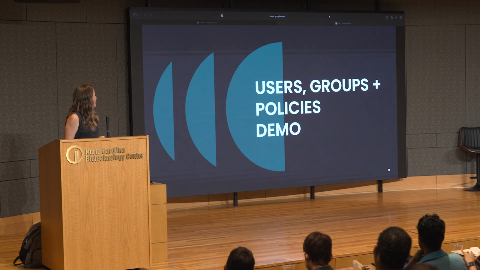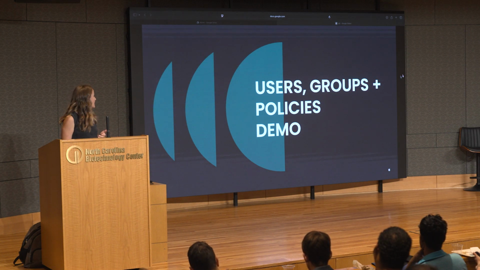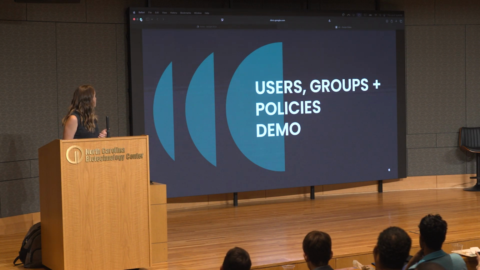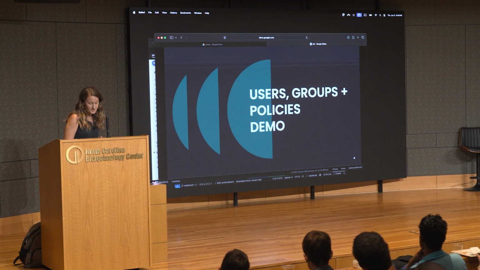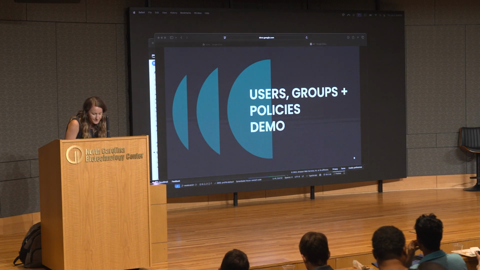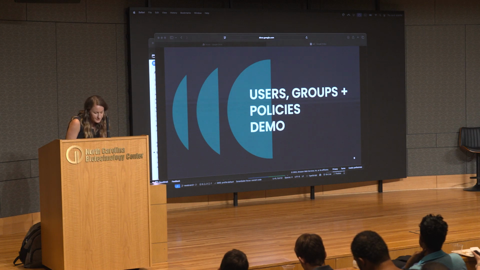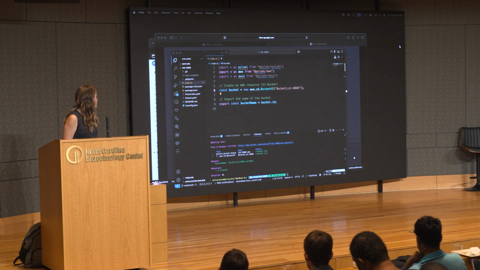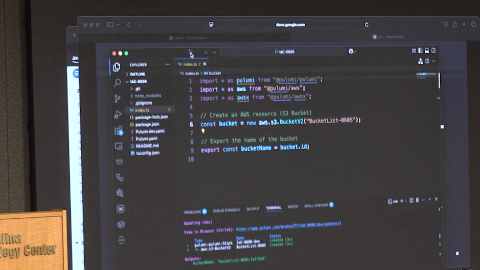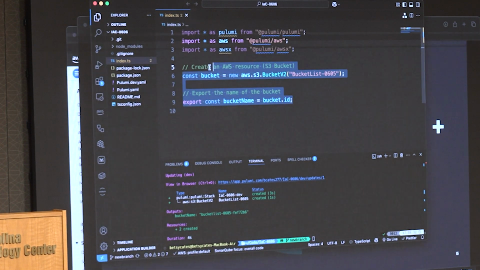Don't worry. Okay, so we're going to do a demo. I'll show you how you can do users, groups, and policies. Let me go here. Okay, so I'm going to come back over here, and I'm going to just remove our bucket for right now.